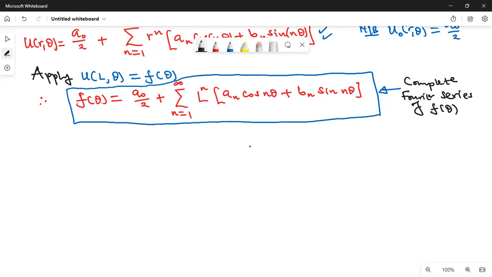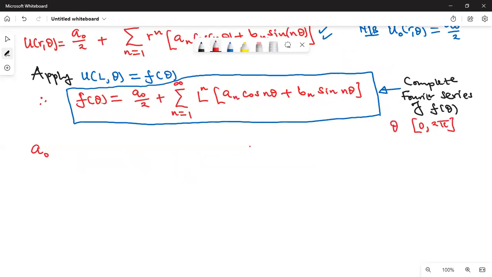So how do we find the Fourier coefficients? Recall from your calculus 4 that the Fourier coefficient a naught, of course valid in the interval, our interval is from theta 0 to 2 pi. That's what we said.